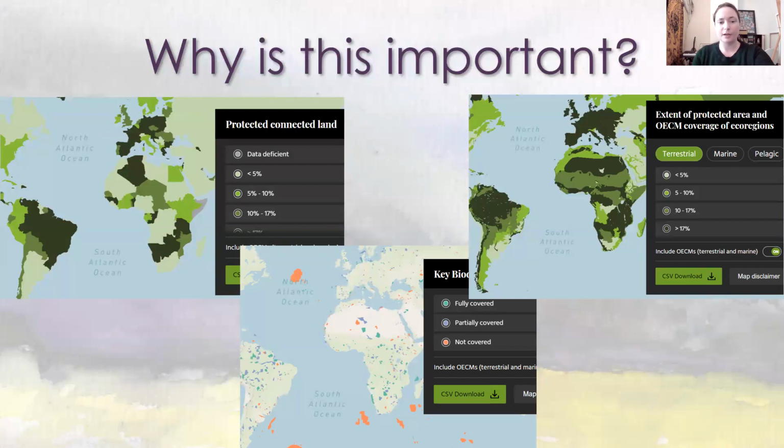Fundamentally, the problem is that if we don't have a full picture of what is already conserved, it makes it very difficult to decide what to do next. So how do we target conservation interventions to the places that need them most if we don't know what's already being done? How do we set meaningful global targets if we don't know what we've already achieved?